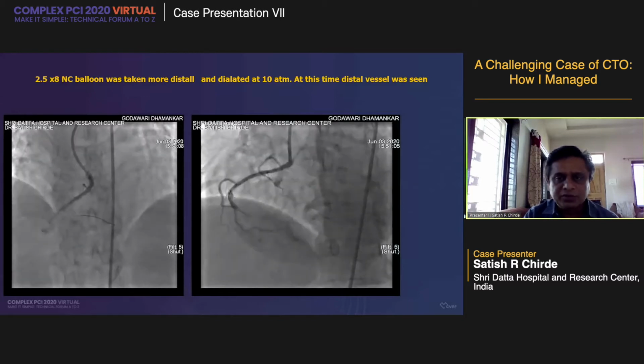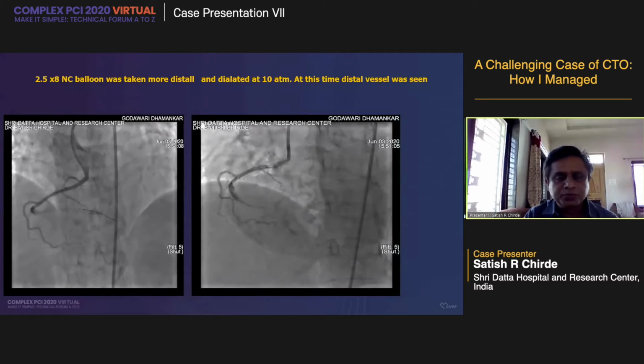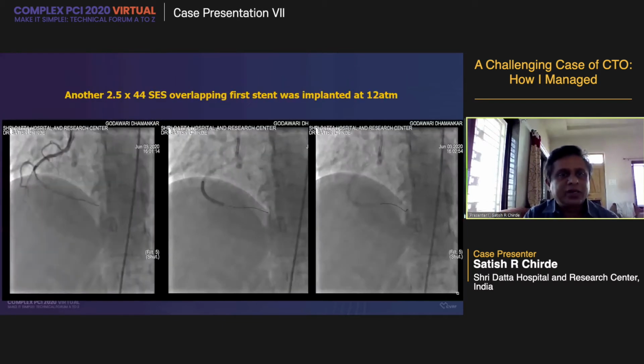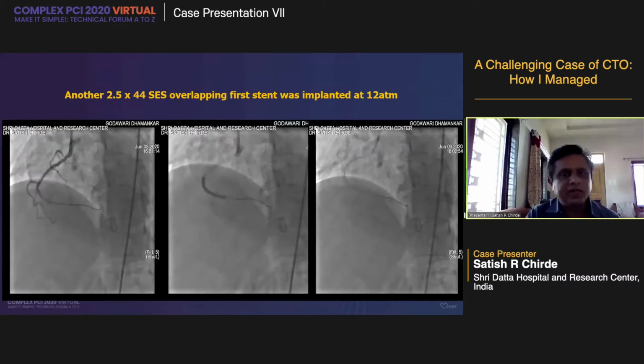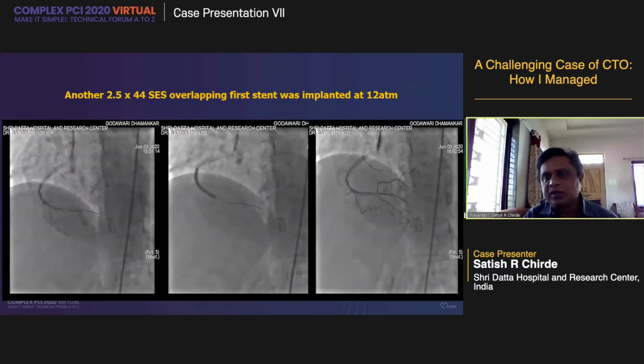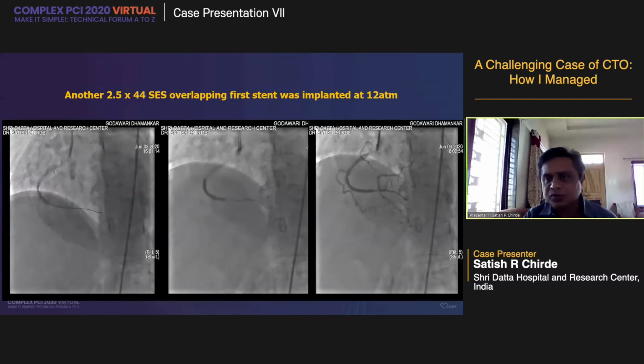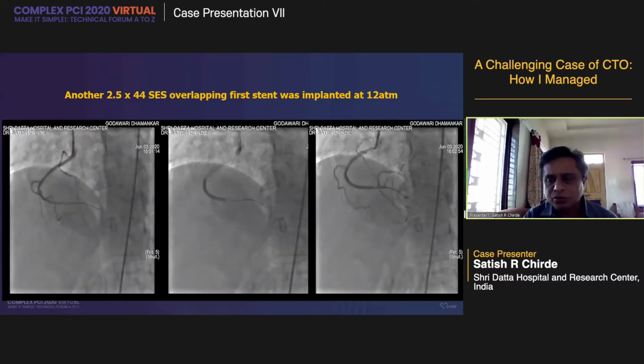So I was happy that I could see the distal vessel, and then I decided to put another 2.5/44 sirolimus-eluting stent. That was an overlapping stent. I implanted it at around 12 atmospheres. In the third picture, we can see the vessel is fully open and the results look good.